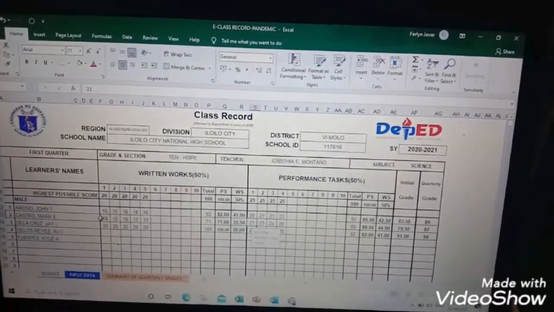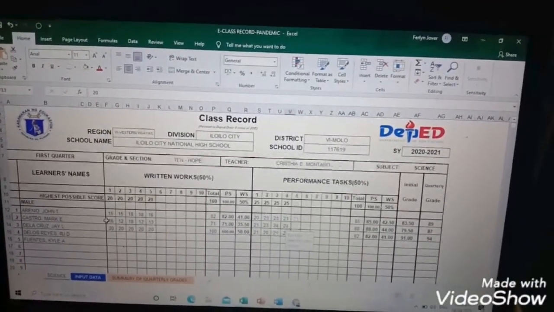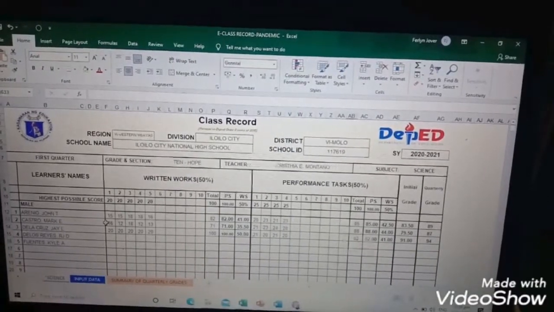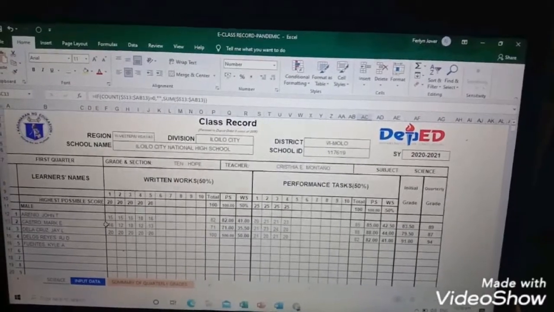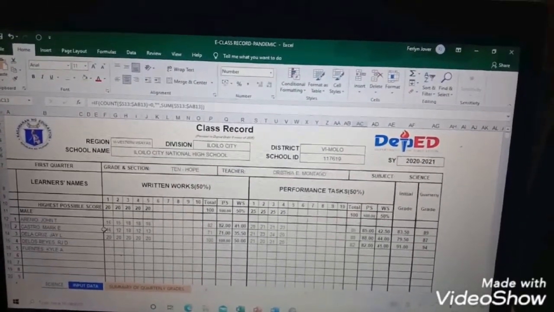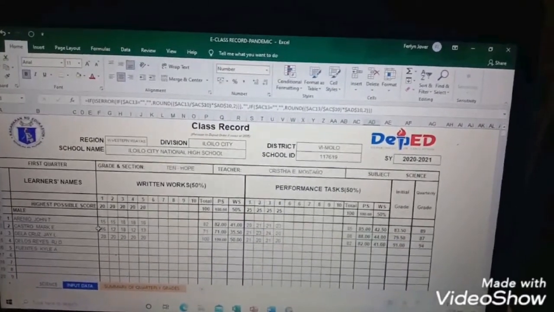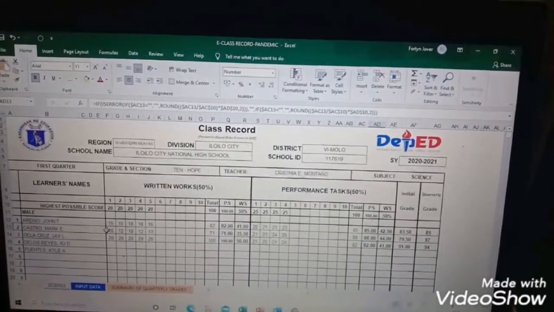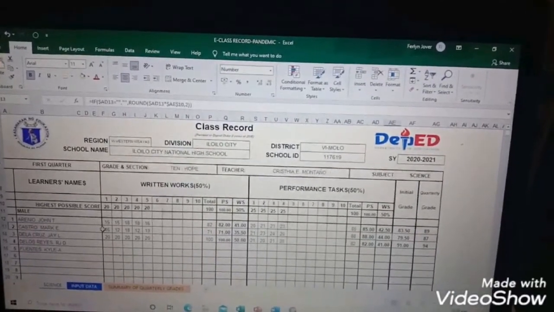In performance tasks, he got 21, 23, 24, and 20, with a total of 88 out of 100. 88 divided by 100 equals 0.88, multiplied by 100 equals 88.00, and multiplied by 0.50, he got 44.